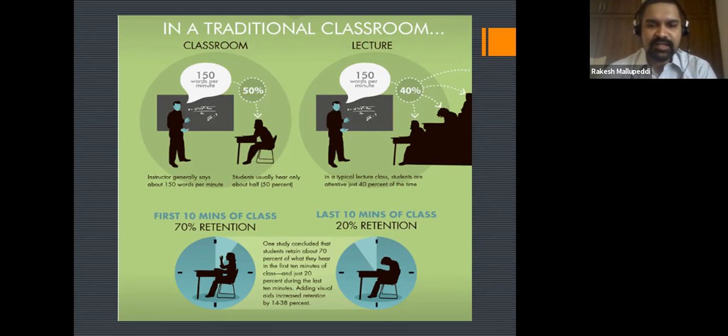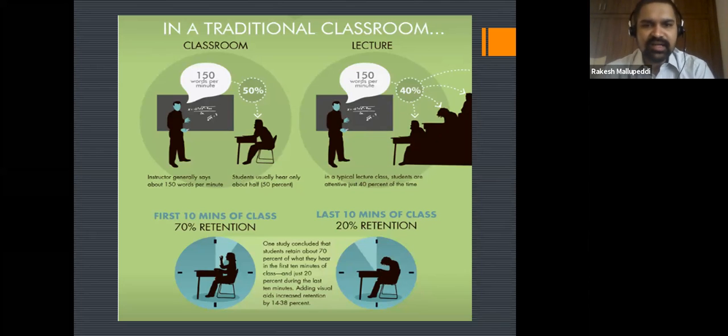And the interesting part is they are listening to only 50% of the words, and in the first 10 minutes they retain only 70%, and in the last 10 minutes it's only 20%. So in a typical class of 30 minutes, in the middle 10 there is 50% retention, and for the whole class we are looking at not more than 30%, not more than that, right?